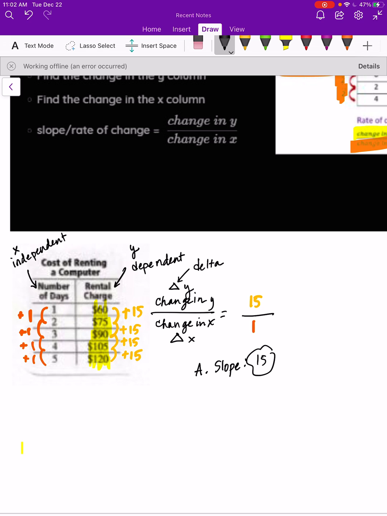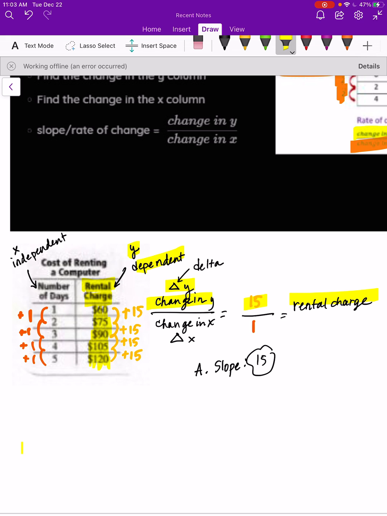Now, if we attach the labels, so this first one, the y here, the dependent, talked about rental charge. So at the very top, we're going to have rental charge. So that was 15. Okay, so rental charge, change in y.